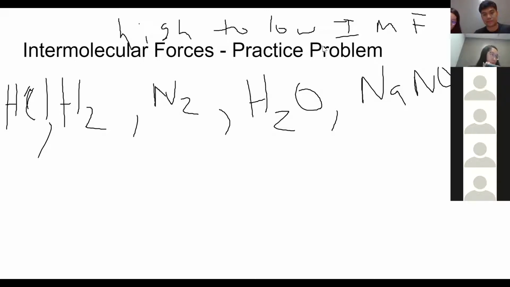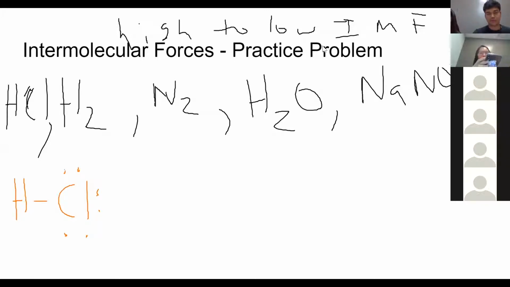What do we have to look at first? Lewis dots? Yeah, we'll look at the Lewis dots first. For HCl, we know that it's a linear shape, but Cl has lone pairs because it still has to complete the octet rule. Now, is this polar or non-polar?